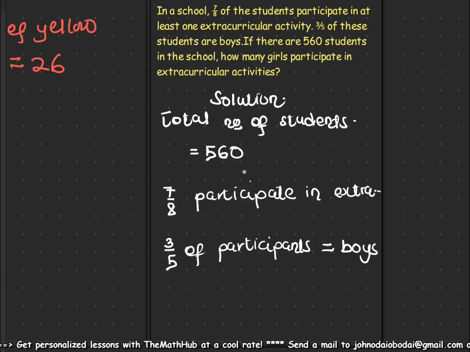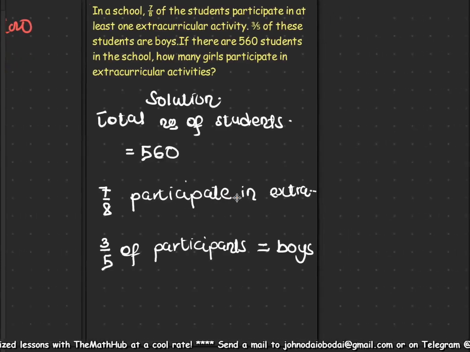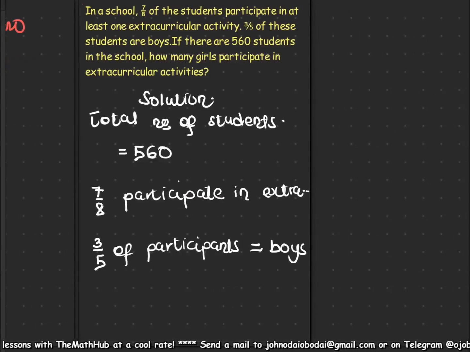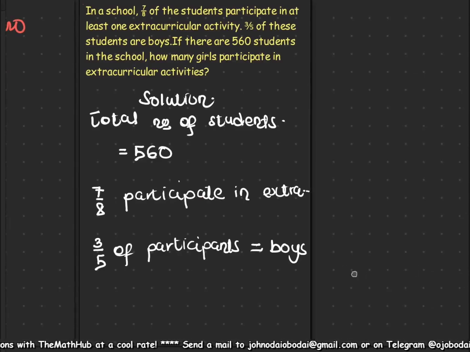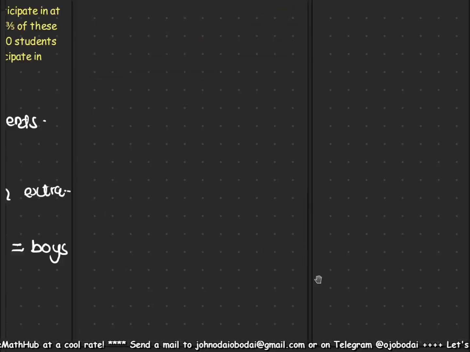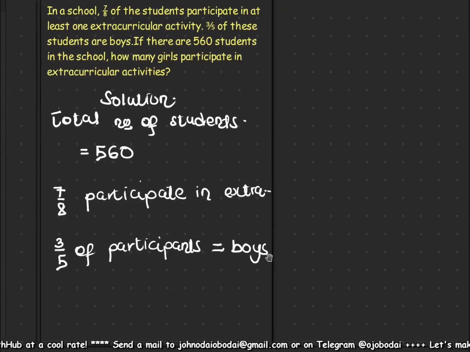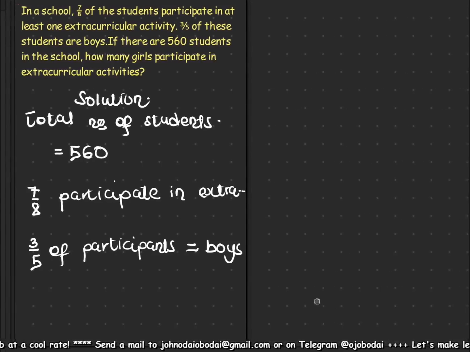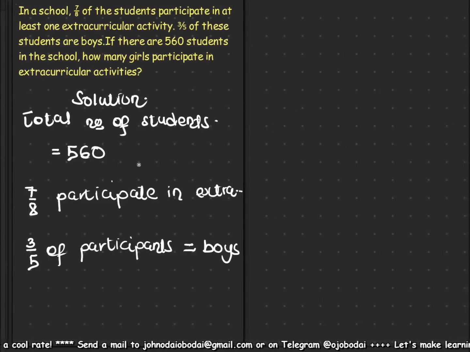First of all, we need the number of students who participate in extracurricular activities. And how do we do that? We already know their fraction. So since we know their fraction, all we need to do now is to multiply their fraction by the total number of students. What do I mean by that?